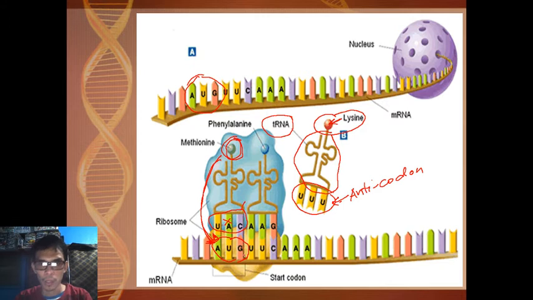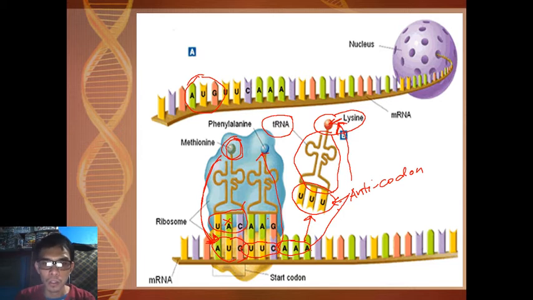For example, the mRNA codon UUC has the equivalent amino acid phenylalanine. The anticodon for the codon AAA is UUU, and AAA has an equivalent amino acid called lysine. Later you will know how it's done.